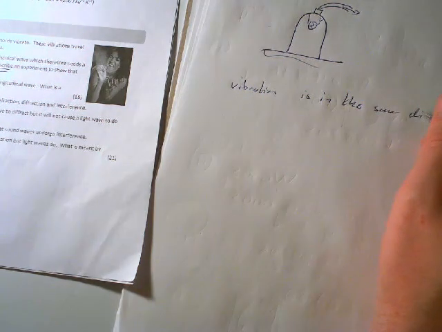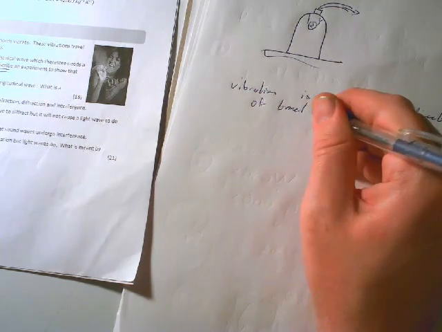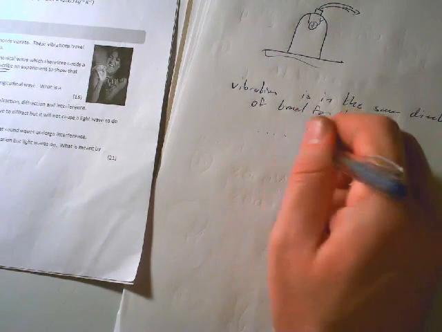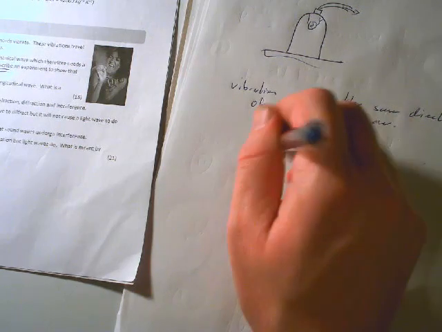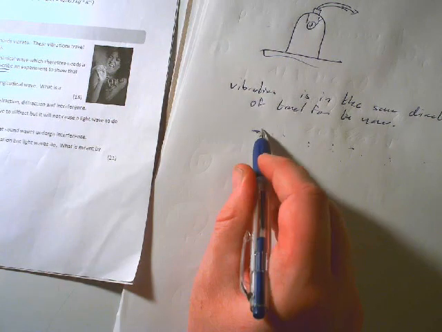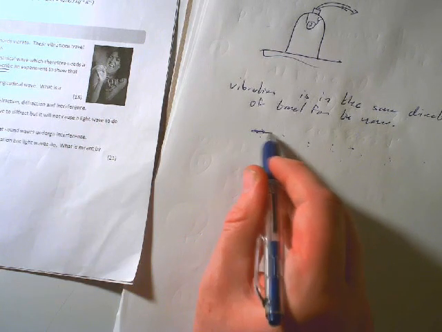Sound is also an example of a longitudinal wave. What is a longitudinal wave? Well, a longitudinal wave is one in which the vibration or the oscillation is in the same direction as the direction of movement. It's the same direction that the wave is traveling. So let's look at that in a little bit more detail.